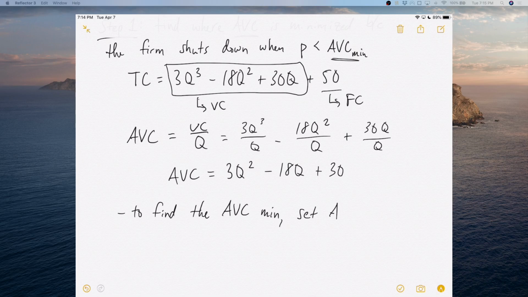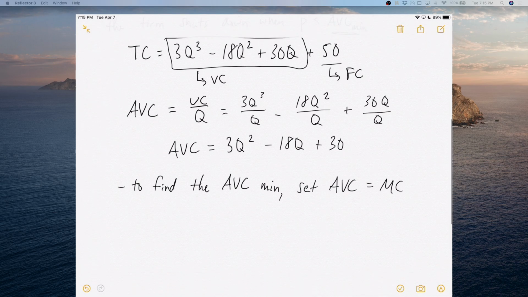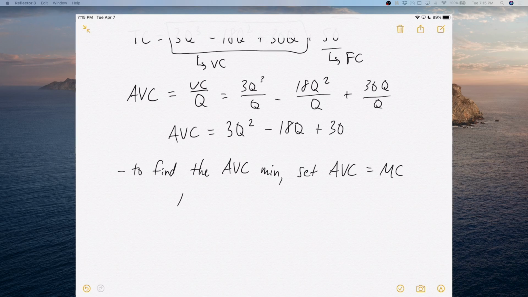Marginal cost is given above, so AVC equals MC.